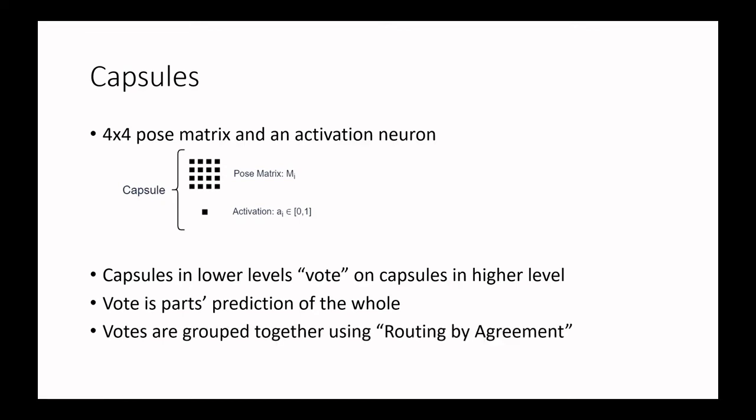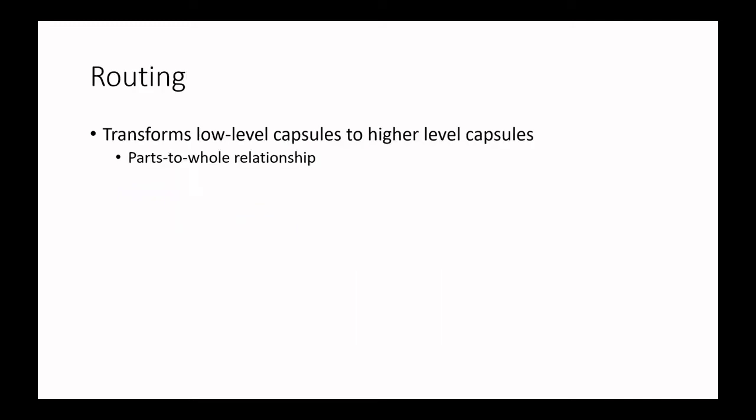And then we group the votes, and the way to do it is what's called routing by agreement. This is the main thing in capsules, and it's a pretty interesting concept, but it's not that easy to understand. That's why capsules are not that popular compared to CNNs. It basically transforms low-level capsules to higher-level capsules.